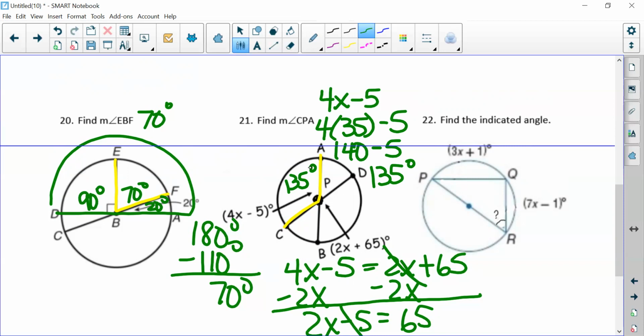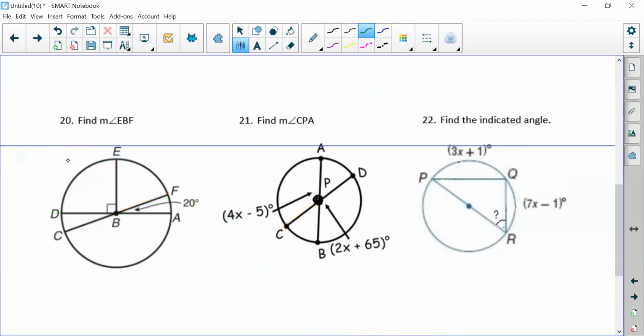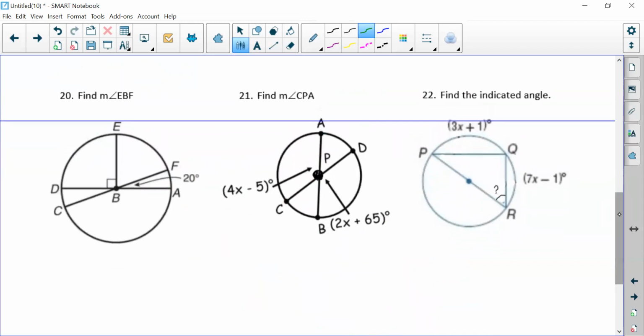All right, let's slide over to number 22. On number 22, they asked us to find the measure of the indicated angle, okay? We're trying to find the measure of angle PRQ, okay? But in order for us to find the measure of that angle, we first have to find the measure of its intercepted arc, okay?